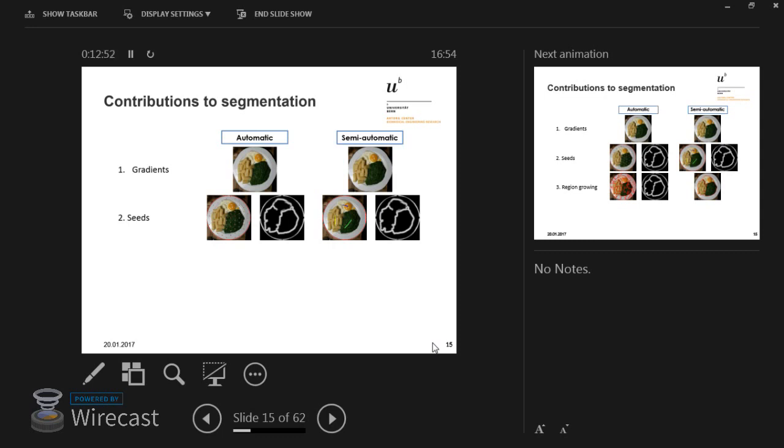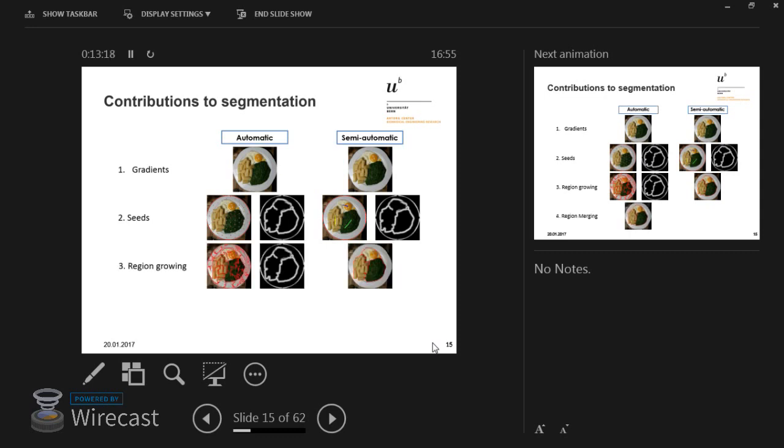Once we have this, on the other side, we consider the seeds of our algorithm, because we're going to use an algorithm that uses seeds. In the semi-automatic case, that's quite easy, because the user gives us the seeds. In the automatic case, we don't know where they are, so we just sample a regular grid. That works quite well, so we go to the next step, and we apply the seeded region growing. In the semi-automatic case, we are quite done, because the user pointed out those objects.